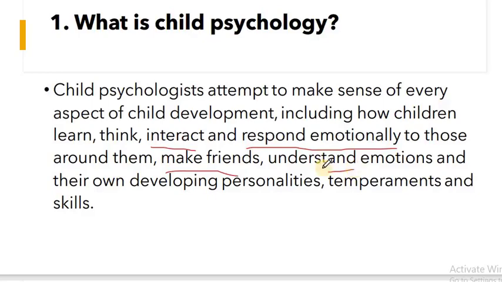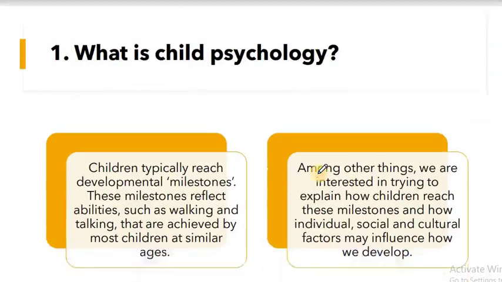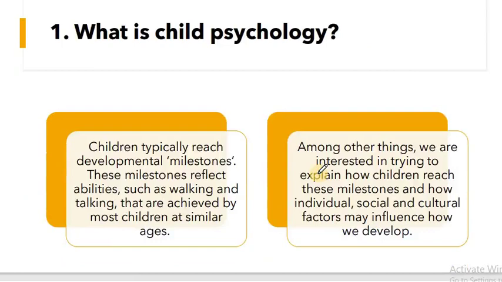Are we together? At the end of this program, as a child psychologist, you should be able to make sense of every aspect of child development, be it your own child or someone else's. So what is child psychology? We are still looking at what is child psychology. Children typically reach developmental milestones. These milestones reflect abilities, like walking and talking, that are achieved by most children at a similar age. So there are milestones as part of the areas of child development.